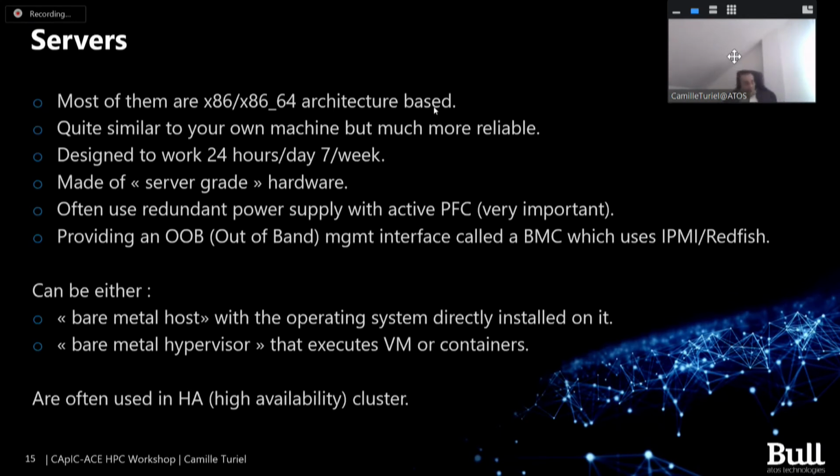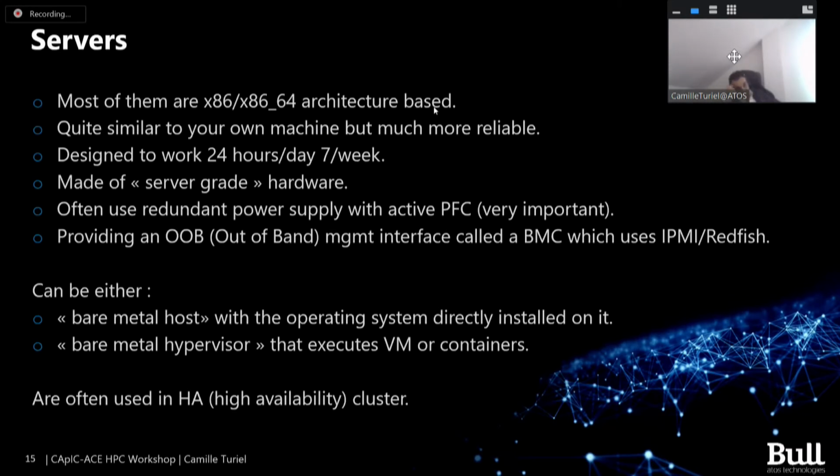When we say OOB, it means that it's a kind of permanent door or a hidden door to access your hardware, which is not system dependent. OOB is a generic concept. When I say BMC, it's specific to a server. So almost all rackable servers have a BMC on them.